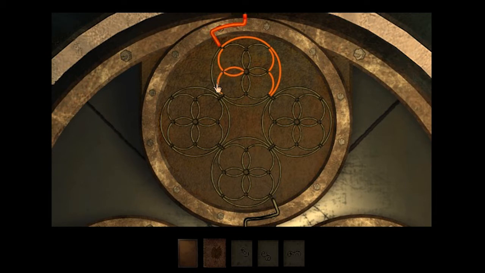Sort of does a little curly Q. Energy powers. I'm also assuming that this works in a clockwise. I don't know. We'll have to see. Powers. Future.